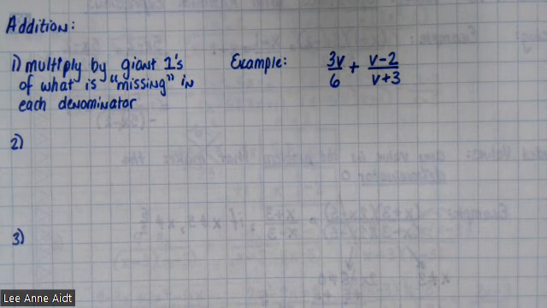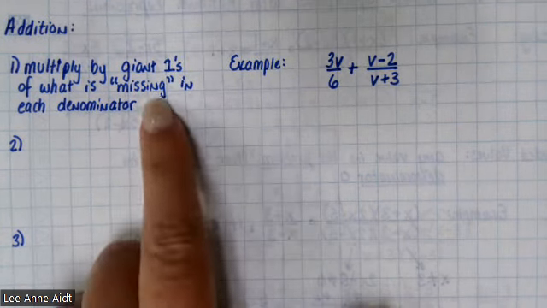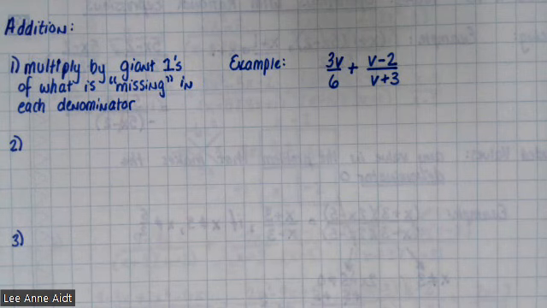Multiply by giant ones of what is missing. I put that in quotes like, what do you need in each denominator?